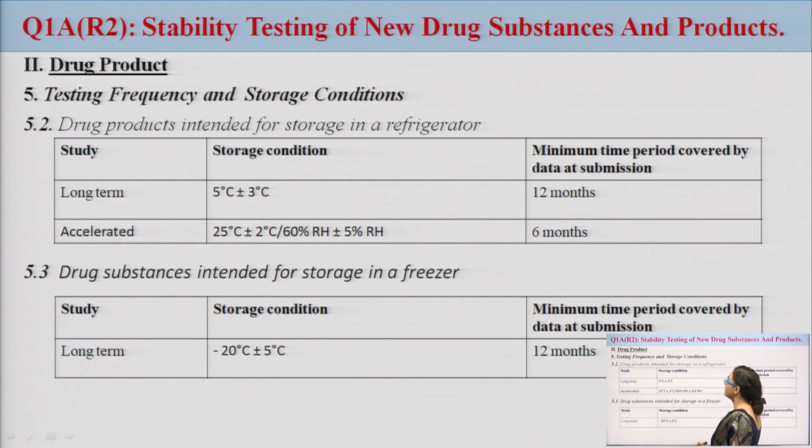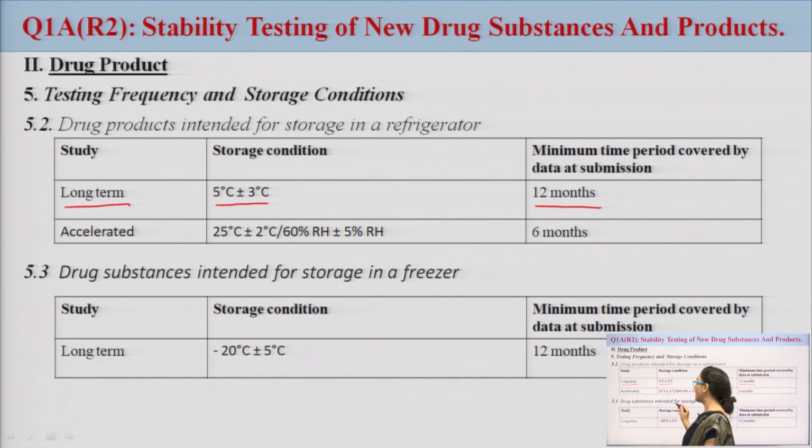Now next thing is drug product intended for storage in refrigerator. For these products in long term study, the storage condition is 5 degrees Celsius temperature and here 3 degrees Celsius variation is allowed. Minimum time period covered by data at submission is 12 months.